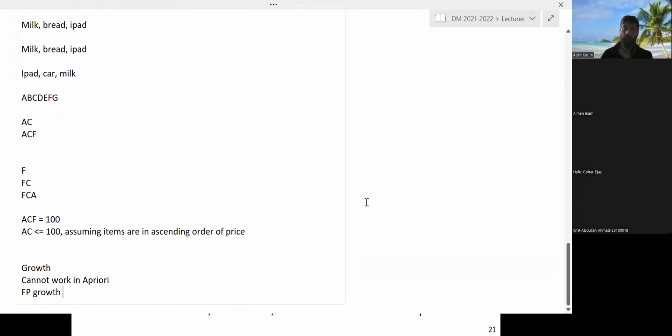Because FP growth has growth, and if you have constrained the growth according to our criterion of price, then you can apply this constraint to prune out patterns that do not satisfy.